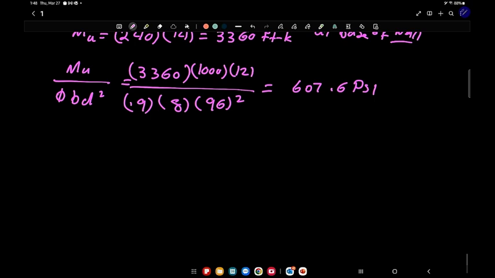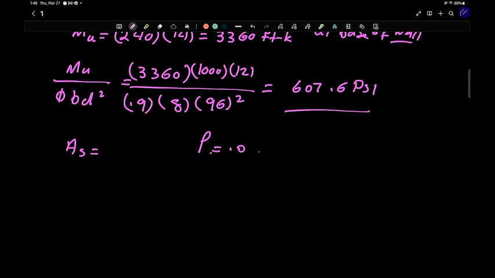So there are three different ways we can calculate the area of the steel. In a lot of textbooks, you can go ahead and use this and find rho, and rho is equal to 0.0118. You can find a table based on these moments.